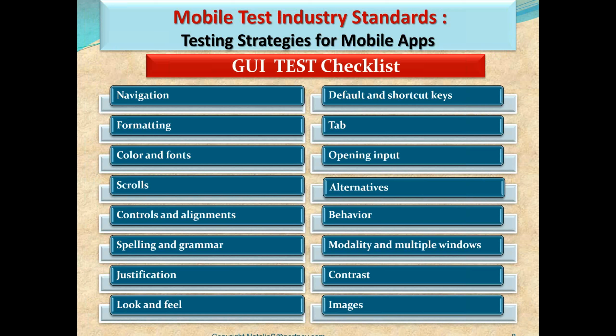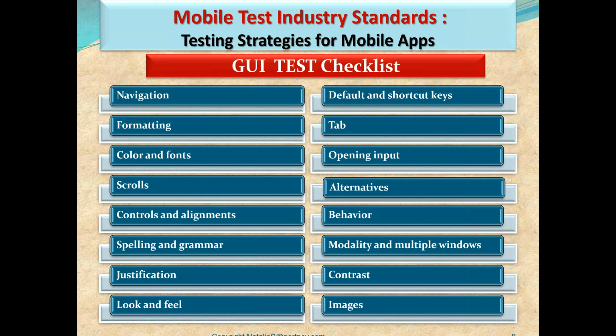Controls and alignments. The window should be resizable. All controls should function as required, and every display should exhibit correct alignment. All content, list items, and labels must be properly aligned. Spelling and grammar.